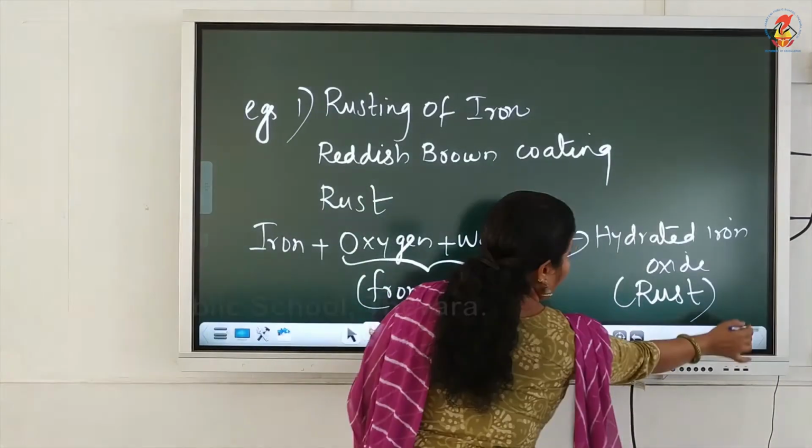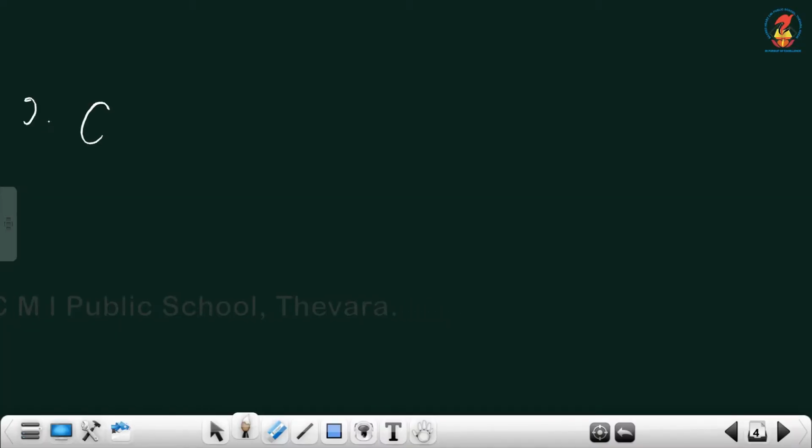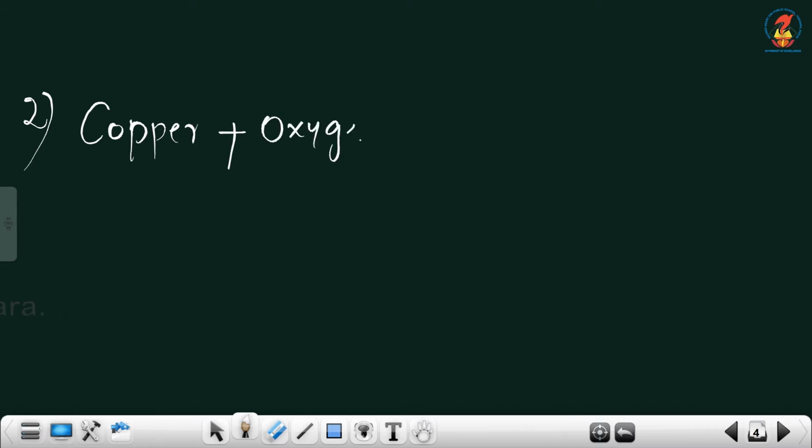Second example is objects made of copper. Example 2, copper when exposed to moist air for a long period of time reacts with oxygen, water and carbon dioxide. All these are components of air.